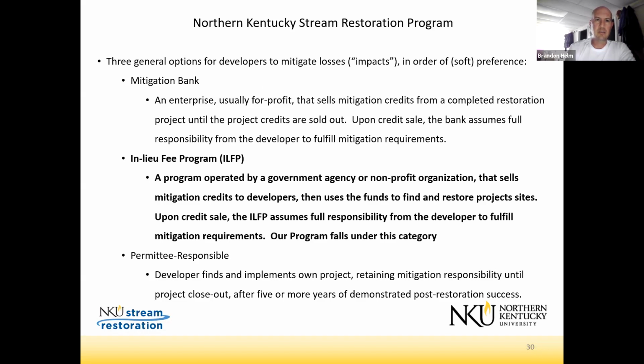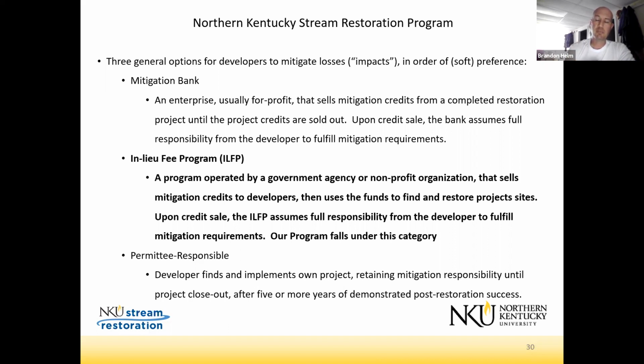So regarding mitigation, the general idea of a mitigation is to offset an impact. That can be done 3 different ways. A mitigation bank, that's where a group sells these mitigation credits. Mitigation is all about a crediting system. The developers have to buy the credits.